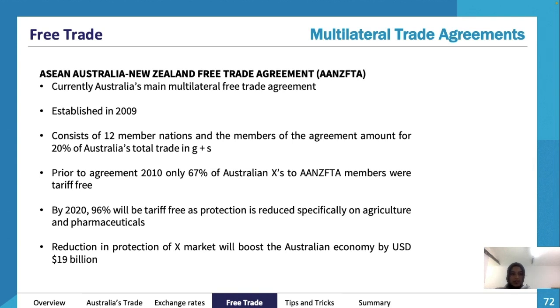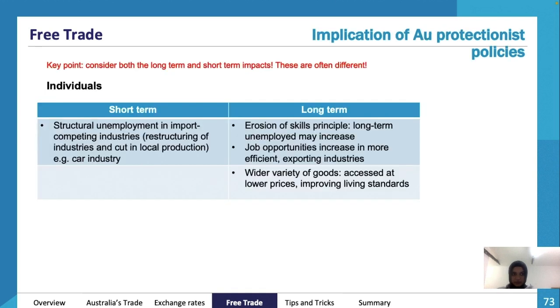By 2020, 96% will be tariff-free as protection is reduced specifically on agriculture and pharmaceuticals, which are major exports for Australia. So there's a reduction in protection of export markets, which will boost the Australian economy by about $19 billion. So that's something important to note as well.